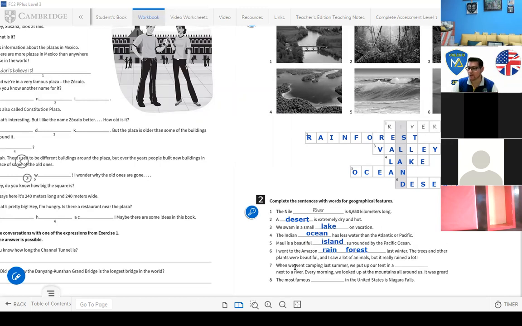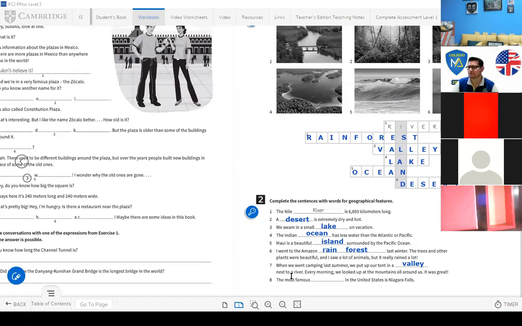And number 7, when we went camping last summer, we put up our tent next to a river. Every morning we looked up at the mountains all around us. It was great. Where can you put a tent? When you go camping, you look for a valley, right? You can say that, no?